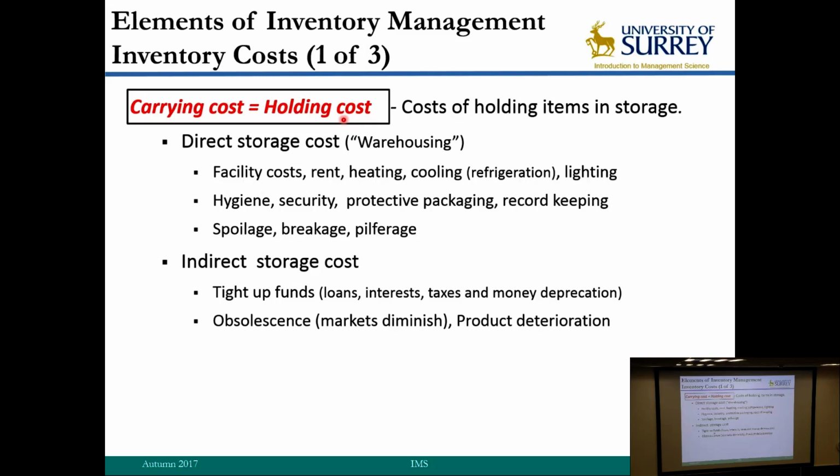That's going to be a huge amount, because of the time value of money. If you're tying up your money for a year, even just including the interest rate, that's a lot of money. So this is indirect storage cost. Carrying cost or holding cost is basically the major important part of the inventory cost.